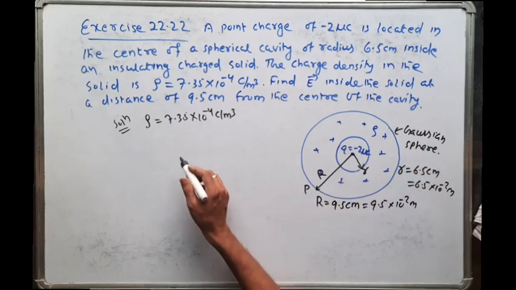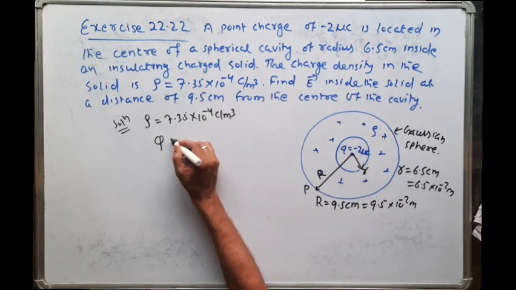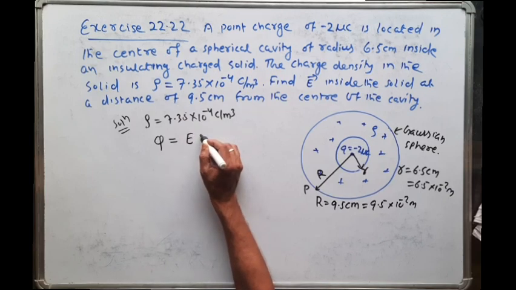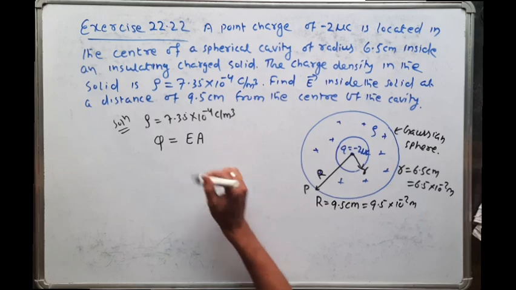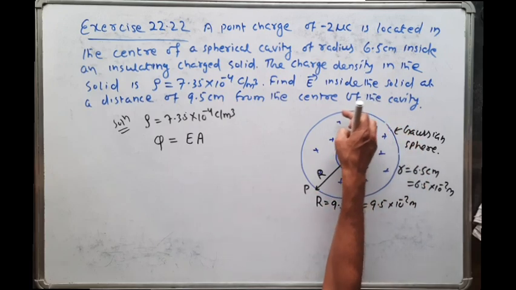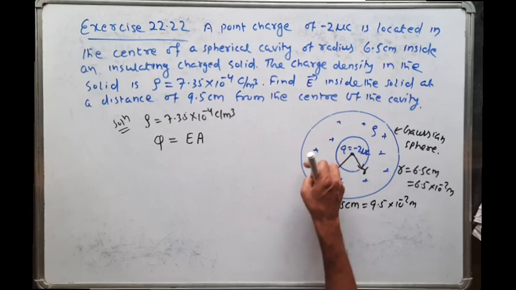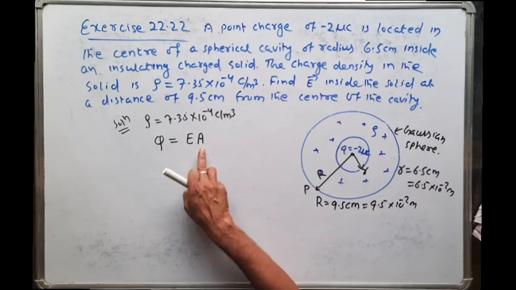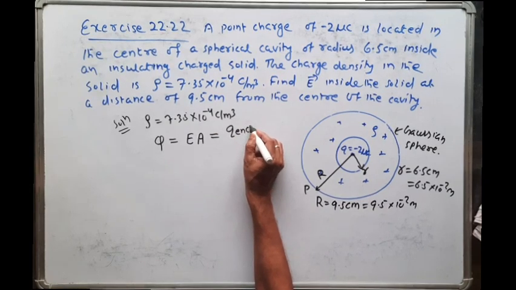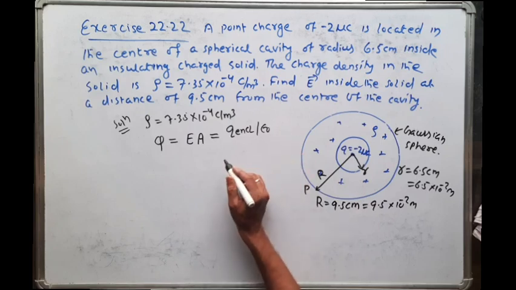So what is the flux? The total flux is nothing but E into the total surface area, because everywhere on this surface the electric field intensity magnitude is constant. Let us say the total area of the sphere is A. So E into A is equal to, according to the Gauss law, charge enclosed divided by epsilon naught.